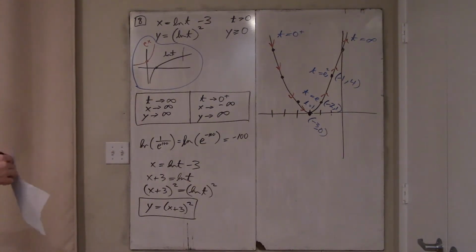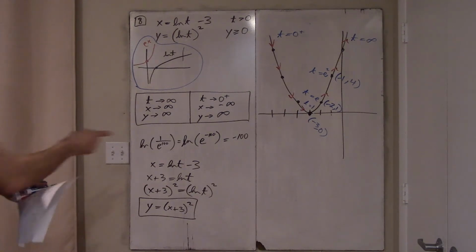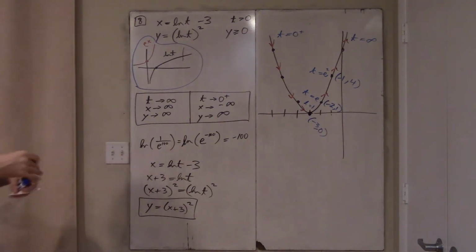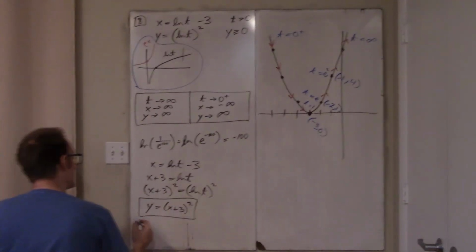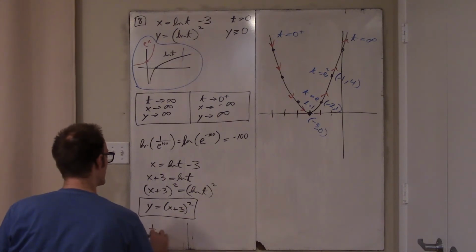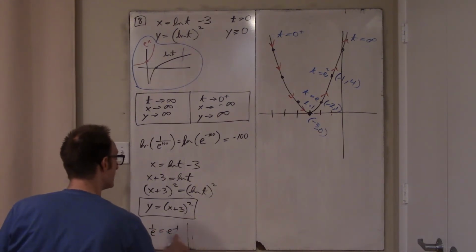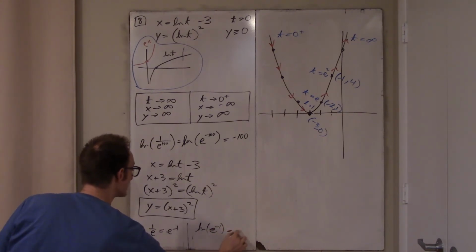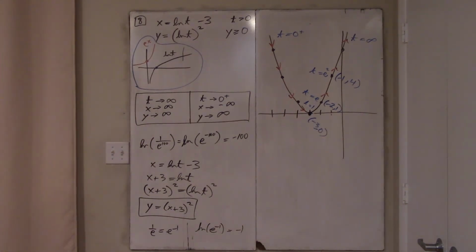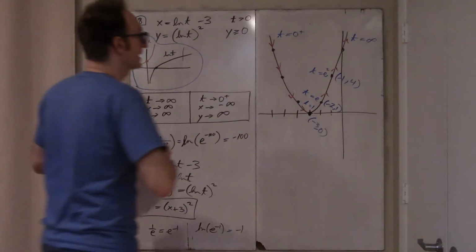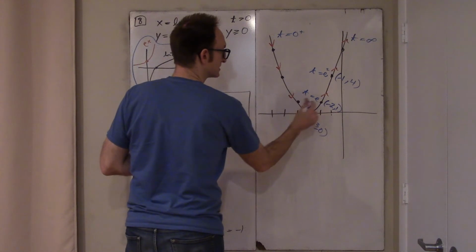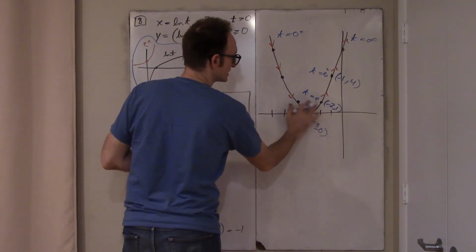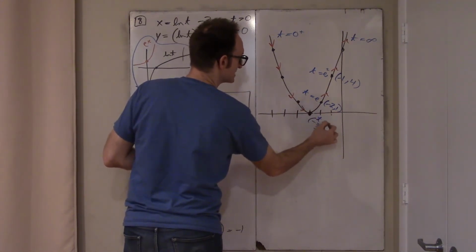Okay, how about the left-hand side? Following up on what we did here, I want to think of 1 over e, which of course is e to the negative 1. And so ln of e to the negative 1 is negative 1. What is that? It's 1 over e, which is roughly like a third or something. So here we go, it's at this little point. Maybe I should put this one over here, because that's t equals 1.